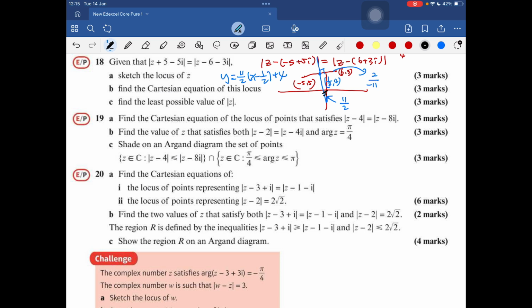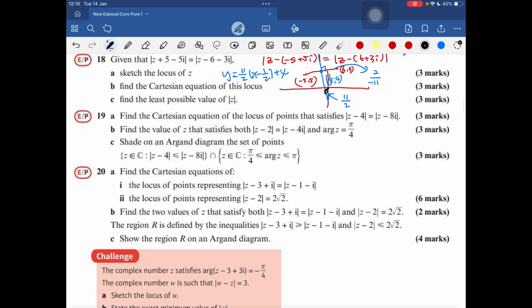So whenever you have questions about the minimum distance or the shortest distance or something like that, you need to understand that it always comes with a perpendicular relation. So anyway, this is perpendicular.